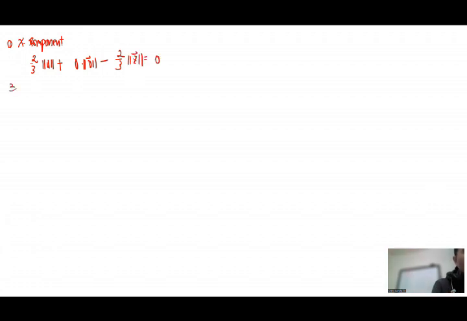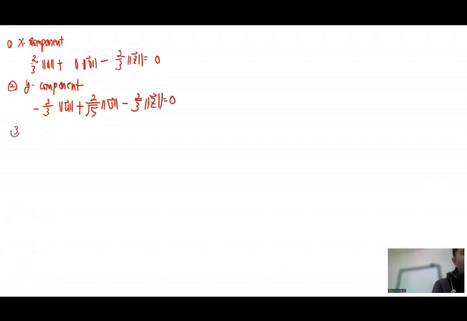And number 2, the y component, that is minus 2 over 3 U plus 2 over square root of 5 V minus 2 over 3 G equals 0.